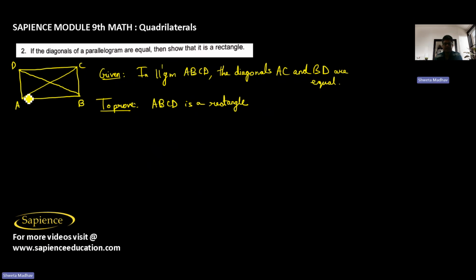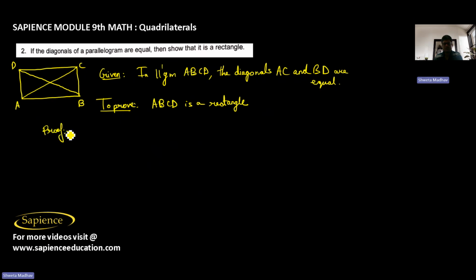Simply we have to show that each of the angles is a right angle, since a rectangle is a parallelogram whose each angle is a right angle. The diagonals are equal.